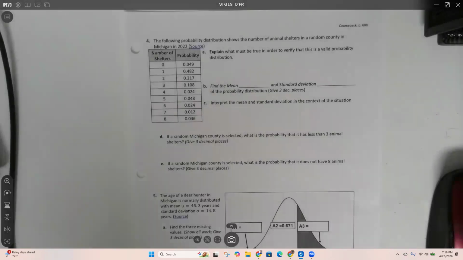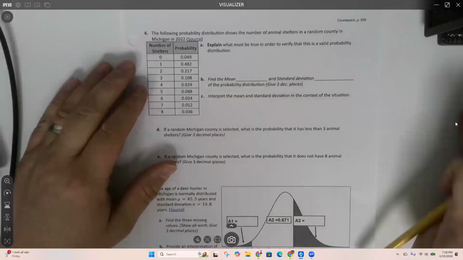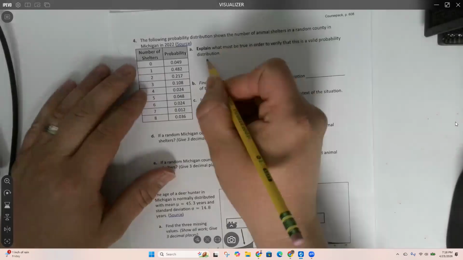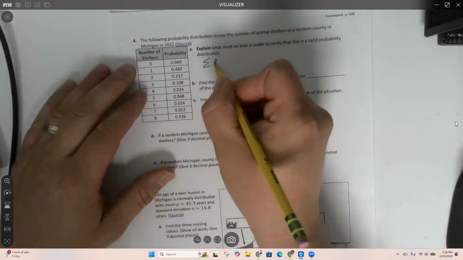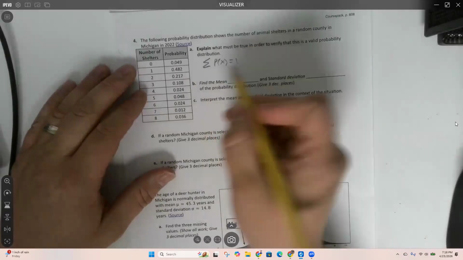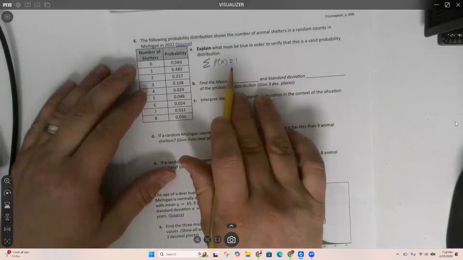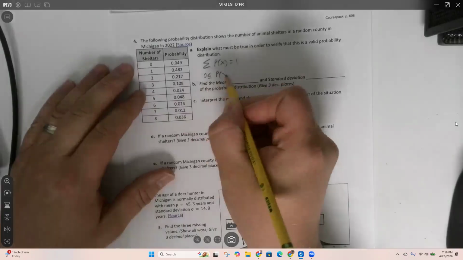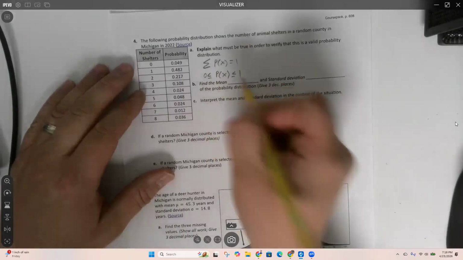Do you guys want me to write it in math or write it in words? Gabby wants words. Mike wants math. All right, well, here's the math. If you add up the probabilities, you get 1, and all of the probabilities are between 0 and 1.